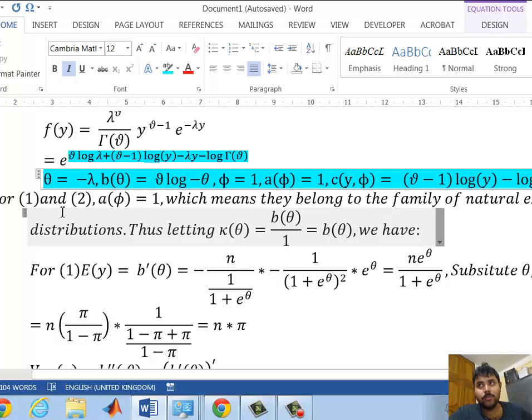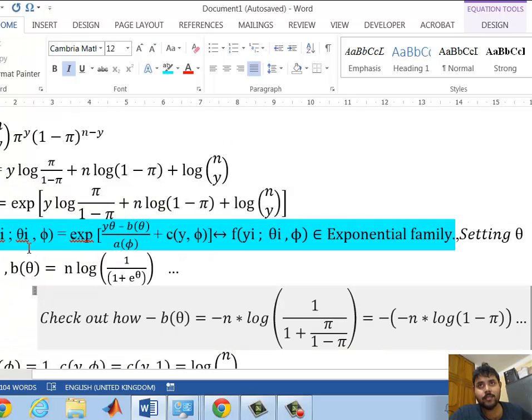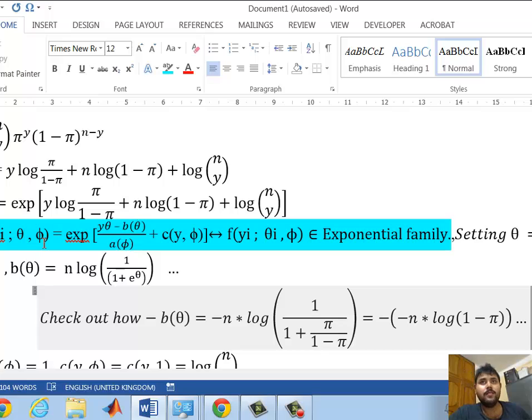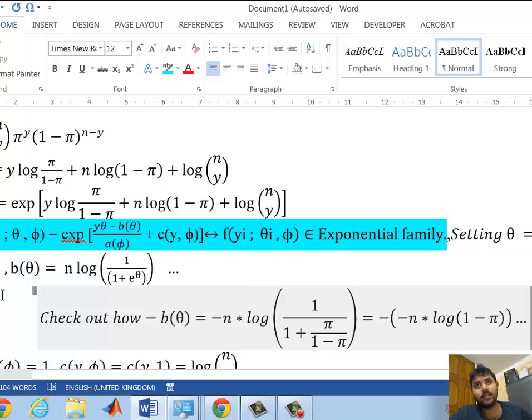And here in blue are our parameters theta and y. This was not an imaginary term, this was y subscript i and theta subscript i.